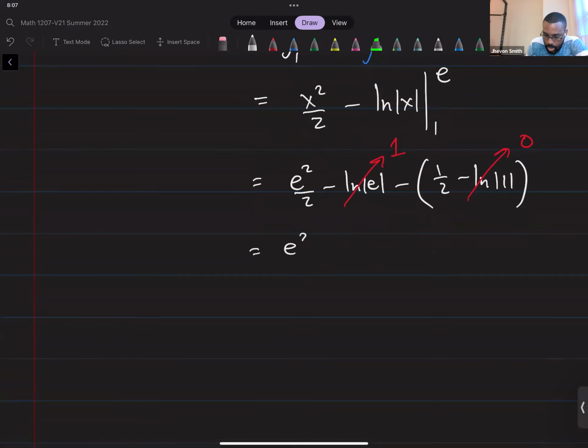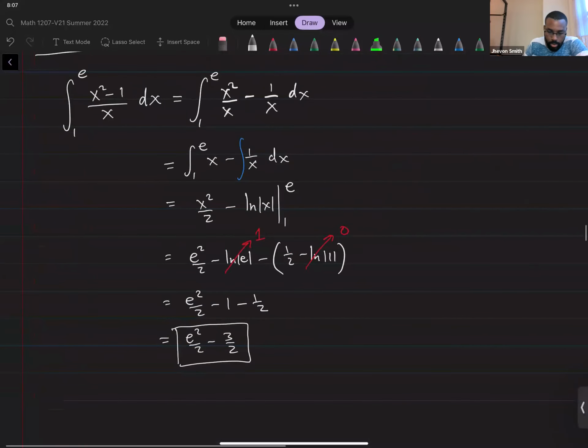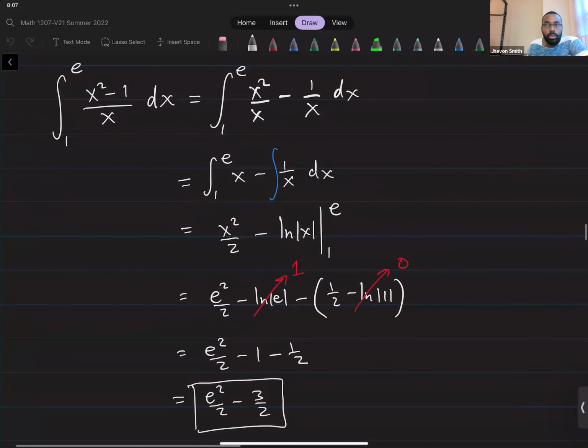And so we'd have e squared over 2 minus 1, minus a half. So that would be the answer there. U-sub would be the third thing you think about, but the second thing we tried worked, so we don't go there.